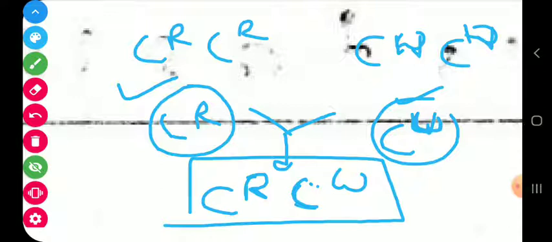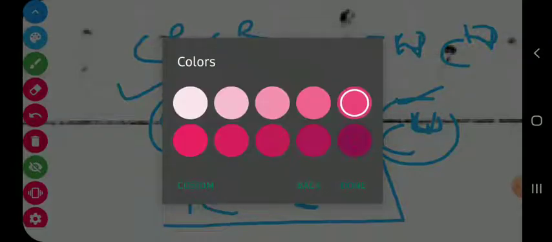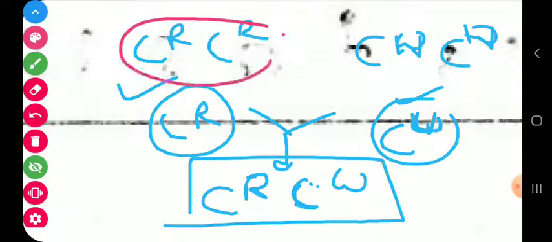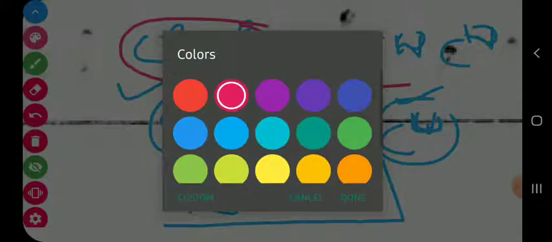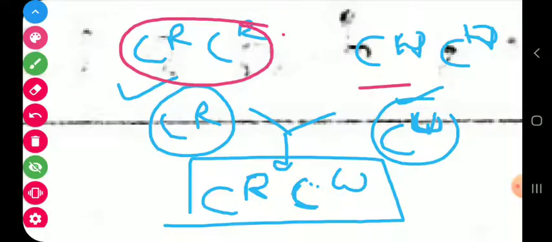What is this? This is actually pink in color. This was red, this was white, and now this is pink in color. I'll just write it down. It's pink in color.